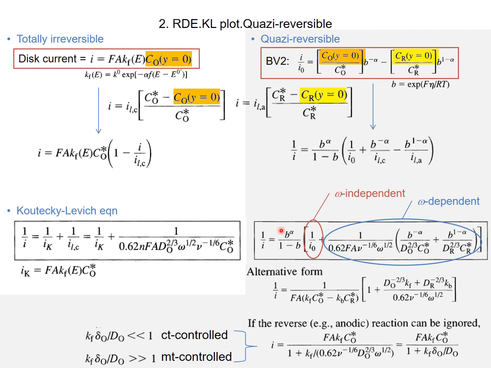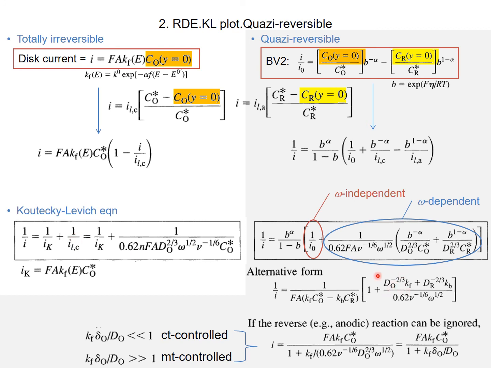Actually, this equation is another version of the Koutecký-Levich equation, obtained by reshuffling. Then 1 over the overall current is equal to some omega-independent term like the kinetic current and an omega-dependent term like the Levich term.